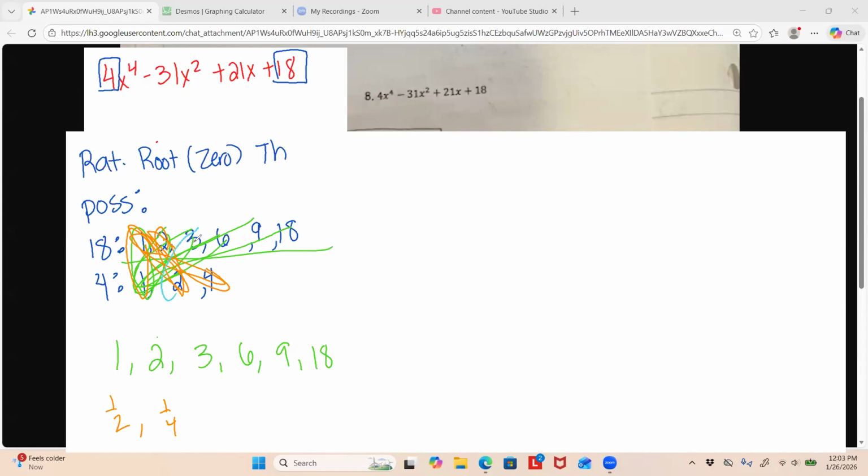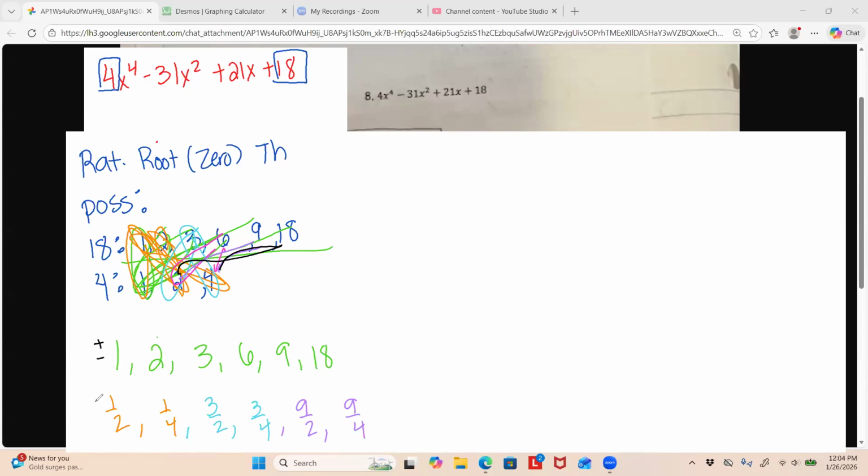3 divided by 2, well that would be 3 halves, and 3 divided by 4 would be 3/4. 6 divided by 2, that's 3, that's already there. 6 over 4 would reduce to 3 halves, that's already there. 9 divided by 2, well that's 9 halves. 9 divided by 4, that's 9/4. 18 divided by 2 is 9, that's already there. 18 over 4 would reduce to 9 halves, that's already there.